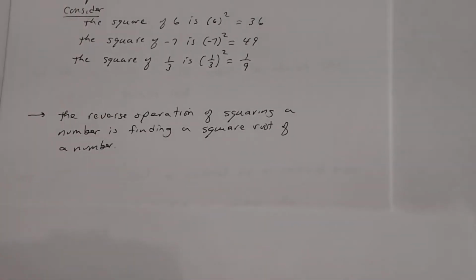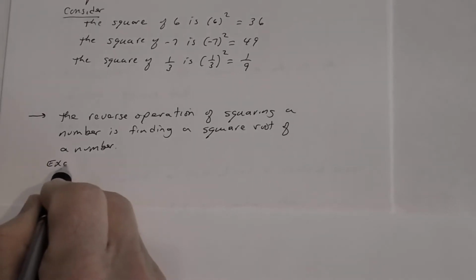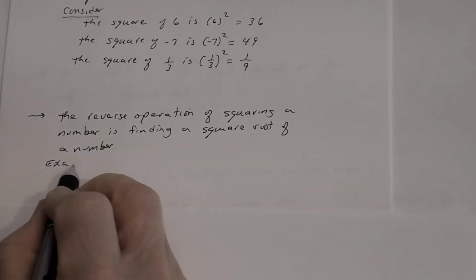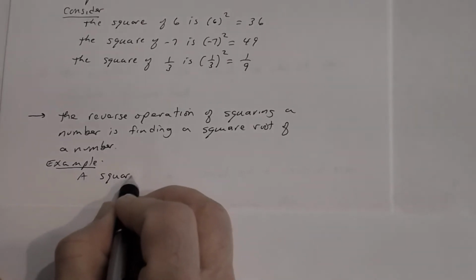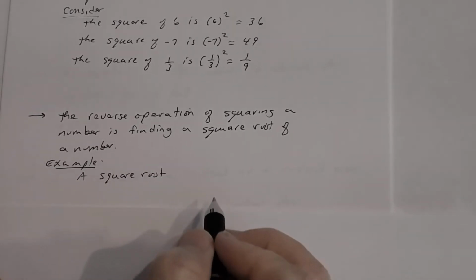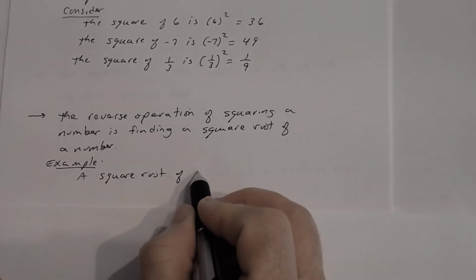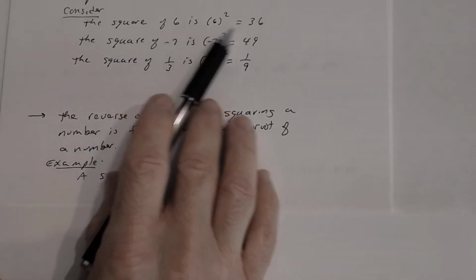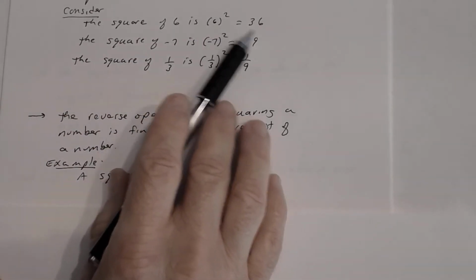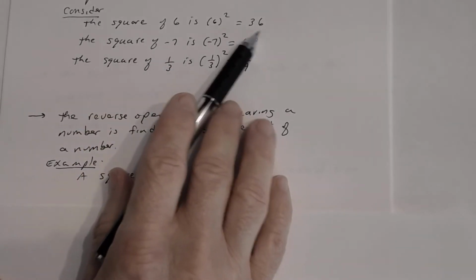So for example, a square root of 36. Remember a while ago we said the square of 6 is 36. Remember the square root is a reverse operation.